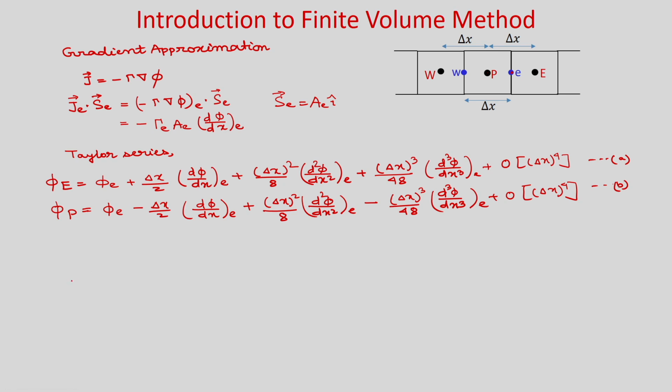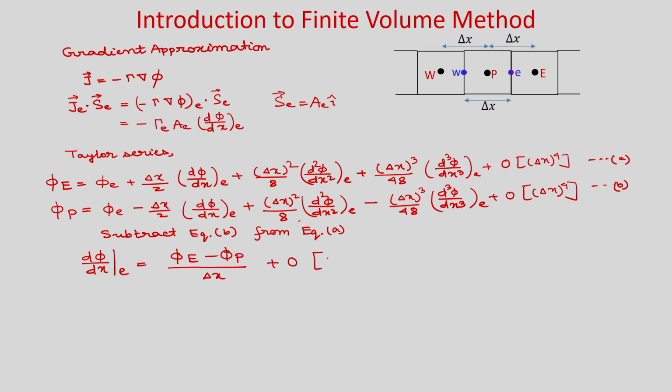So, now subtract equation B from equation A. What will you get? If you subtract, you can see that this term will get cancelled, and the other terms will get cancelled. So, you will get d phi by dx at east equal to phi e minus phi p divided by delta x plus order of delta x square.